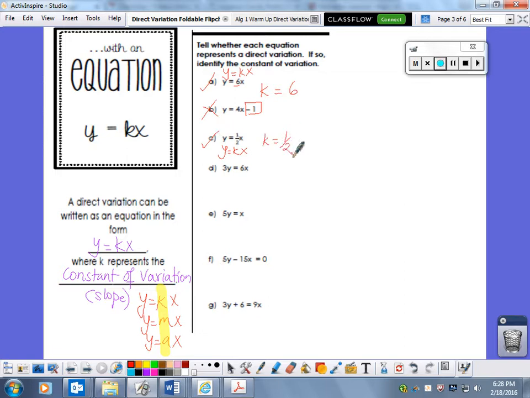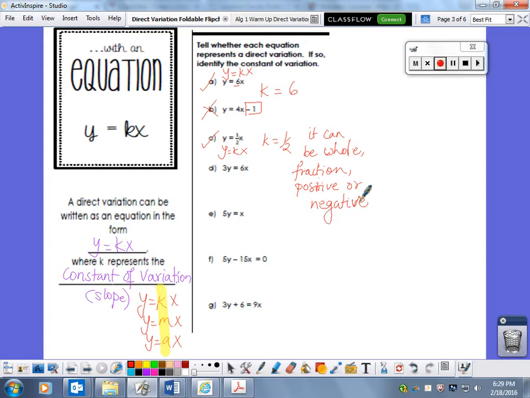Please make a note for yourself: k, or the constant of variation, can be a whole number, fraction, positive, or negative. Just like our slope, it can be any or a combination of these four.